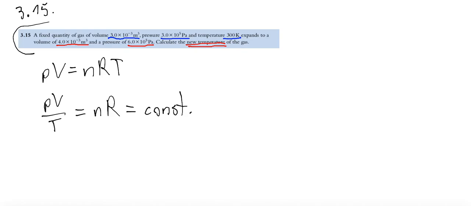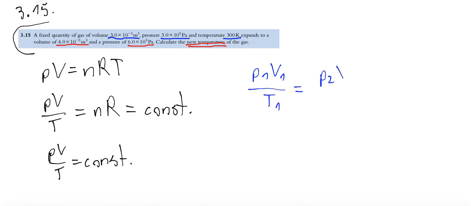So we can write that PV over T is constant, or if we have two states, then we can write this with index 1 before and 2 after. So P1 V1 over T1 is equal to P2 V2 over T2. Okay, so let's look. We know pressure, 3 times 10 to the power of 5. We know volume, 3 times 10 to the power of minus 3.